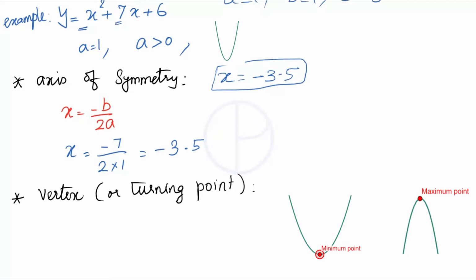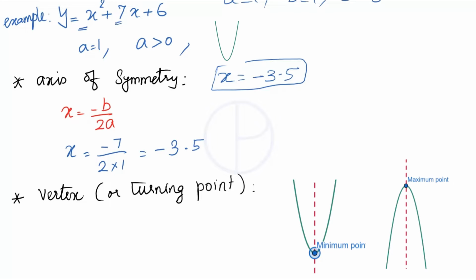The lowest point is the minimum and the highest point is the maximum. The vertex lies on the axis of symmetry, so its x-coordinate is the same as the axis of symmetry. To find the y-coordinate, let's substitute the x value in the function.